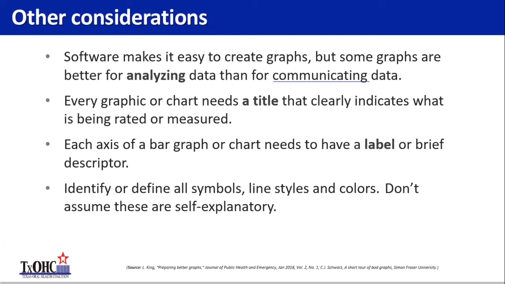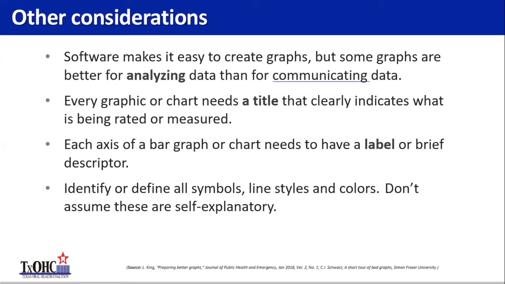So there's some basic best practices. Every graphic or chart should have a title that makes it very obvious what's being rated, what's being measured, what's being displayed. Right? And a lot of this is just 101, right? Each axis of a bar graph or chart has to have a label or a brief descriptor. Don't assume, oh, they'll know what that means. I've heard that phrase a lot, and a whole lot of people won't know what that means.